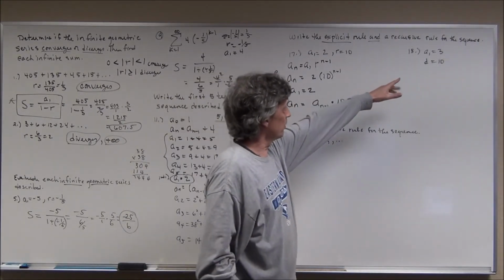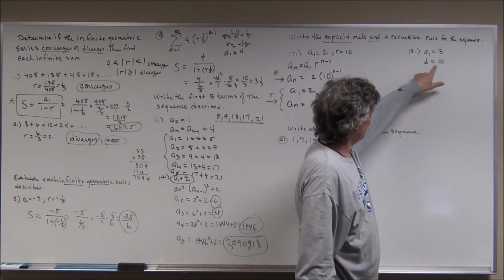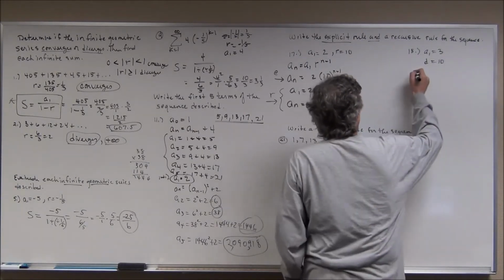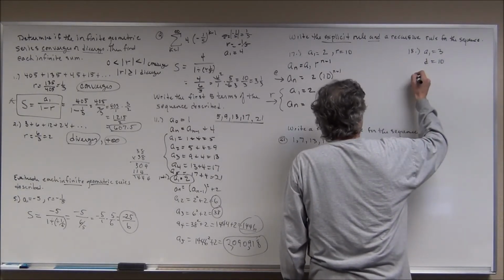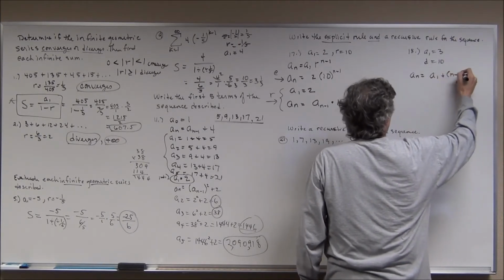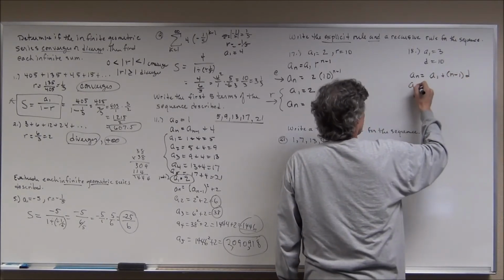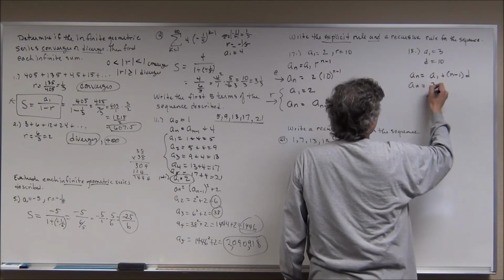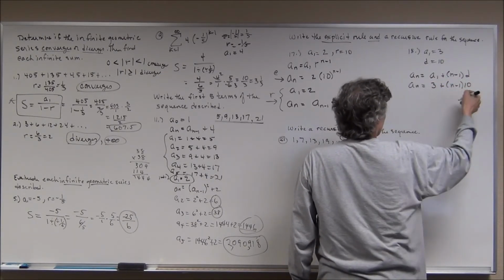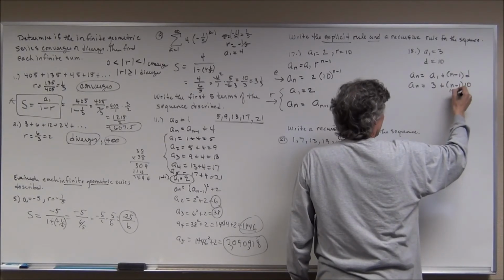Over here, very similar, except that this is arithmetic because d is given here, so it has a common difference. Remember, for arithmetic, a sub n is equal to a sub 1 plus n minus 1 times d. So a sub n is equal to 3 plus n minus 1 times 10. So that's 10n minus 10.